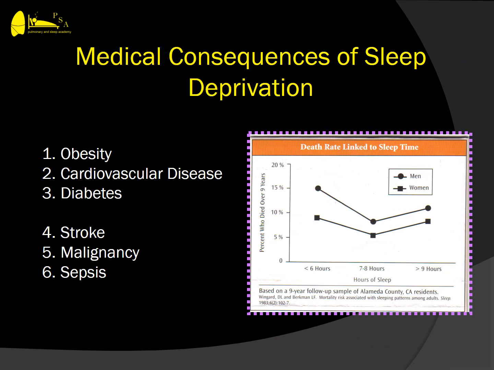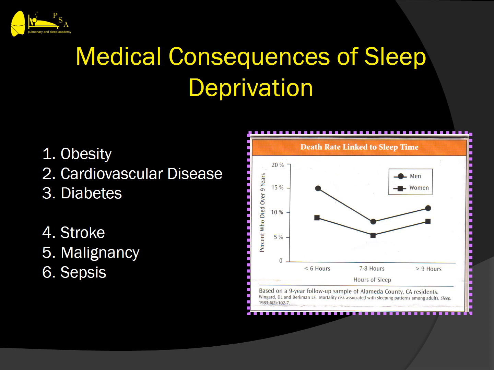So understanding why there's a higher mortality associated with sleep deprivation, one way to justify the correlation is to show that there's an increased prevalence of conditions that can lead to death or at least morbidity.